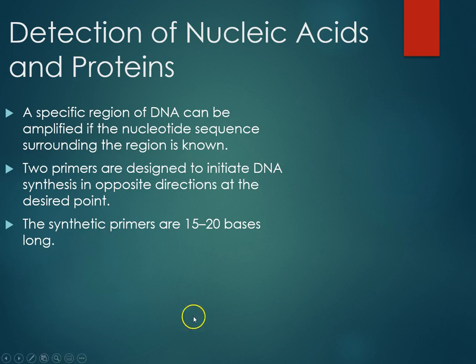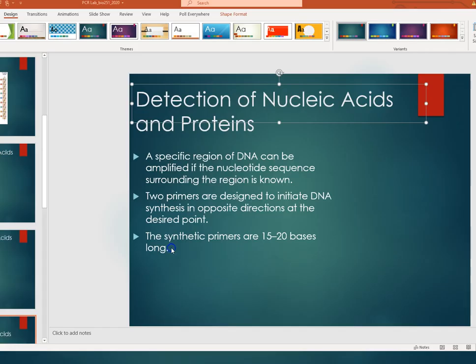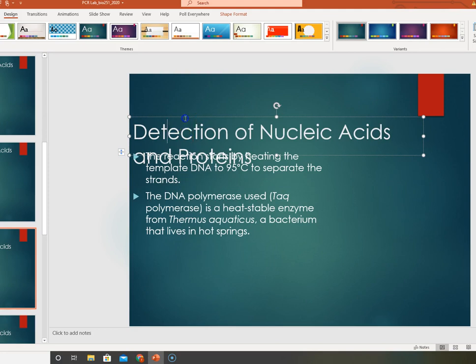You have two primers, designed either by you or by somebody else, to initiate DNA synthesis in both directions. You're going to have one primer on one strand and another primer on the other strand. They're usually about 15 to 20 bases long. That's one thing you need, those primers.